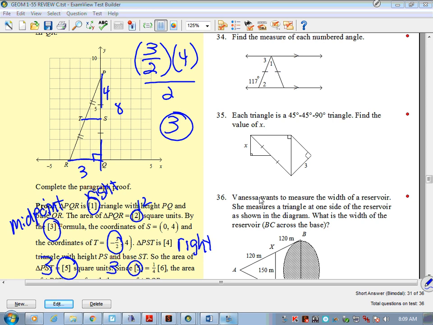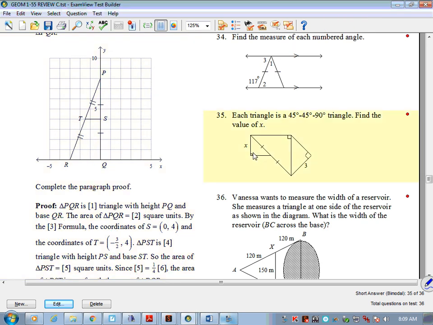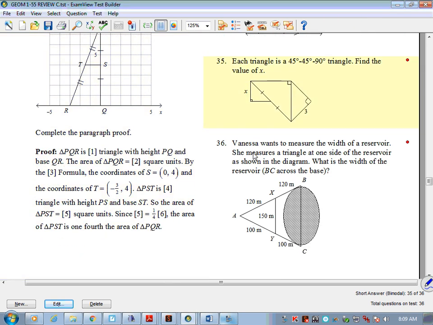Same 5, same 3, is equal to 1/4 of 12, because that's the area of the larger triangle. The area of triangle PST is 1/4 the area of triangle PQR.